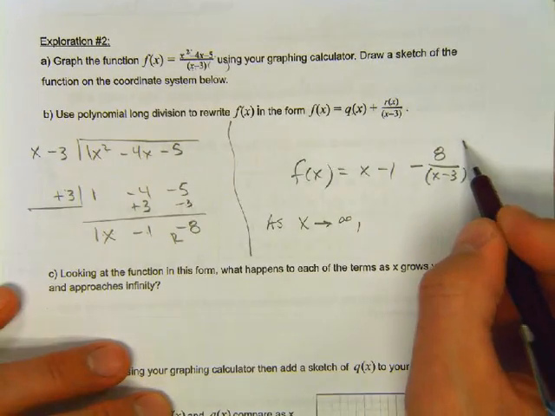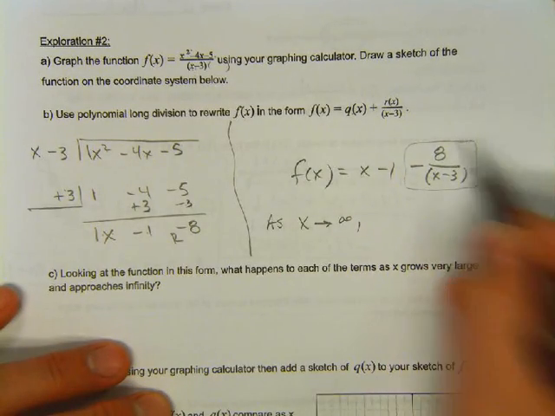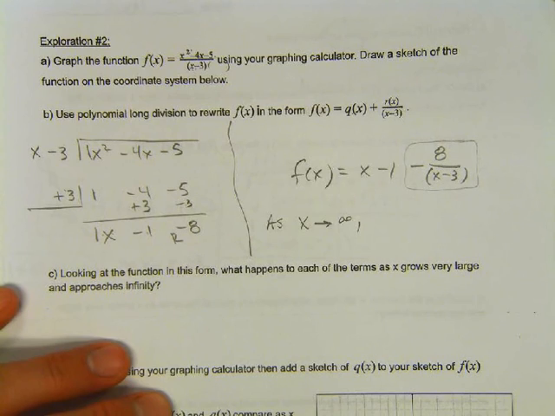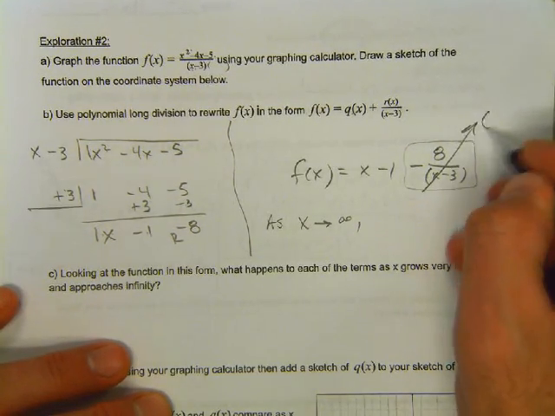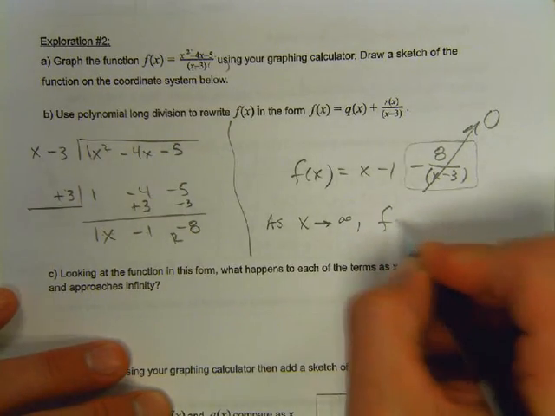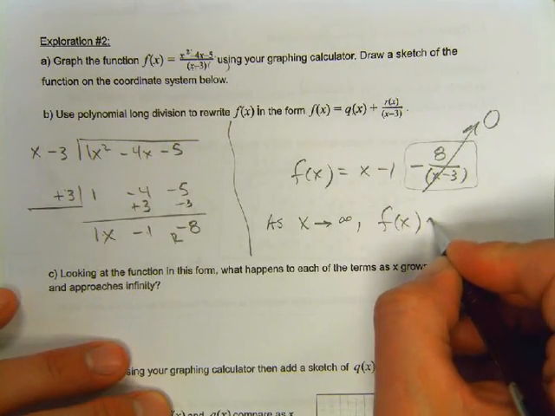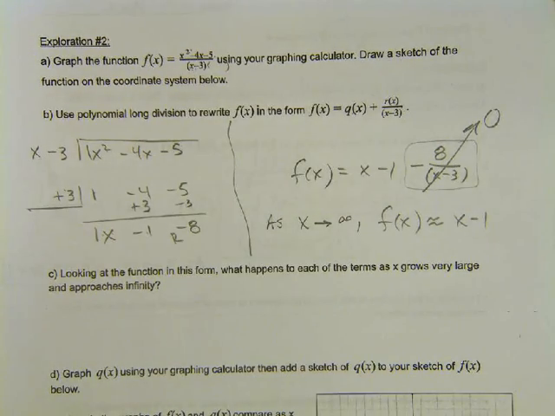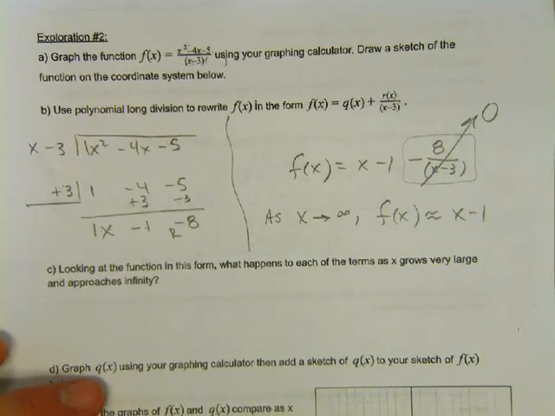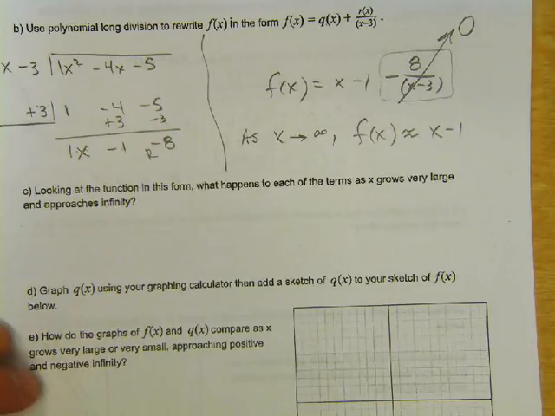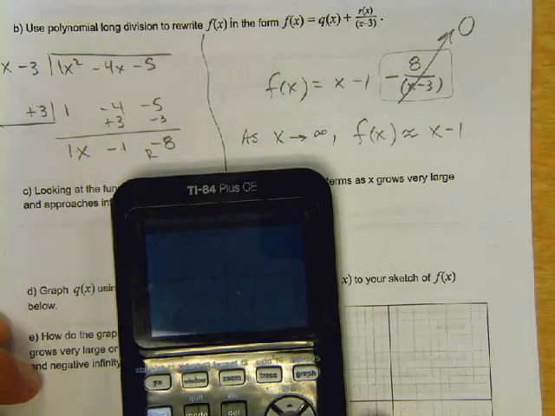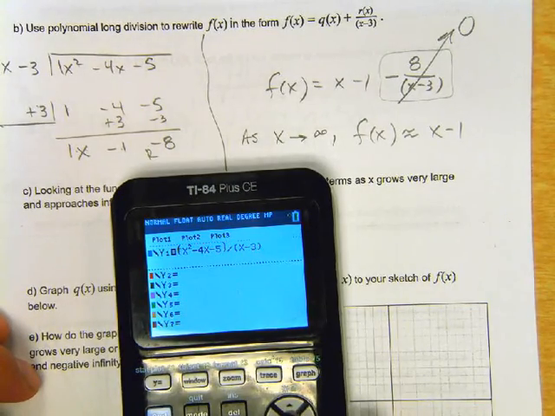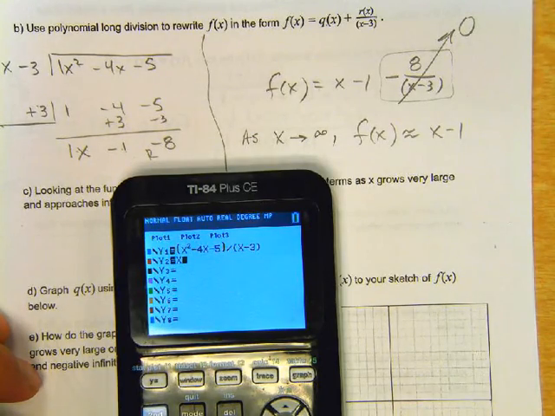As x gets really big, what happens to the remainder? It gets really small, infinitely small. We'll call it 0. So f of x acts approximately like x minus 1. And I'll bet that is our oblique asymptote. Calculator time.